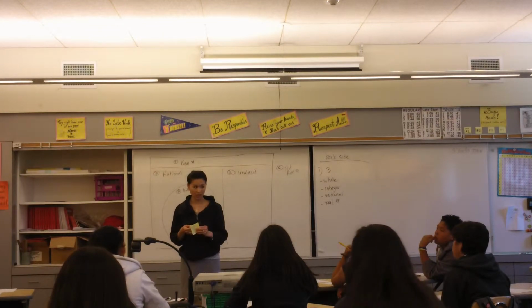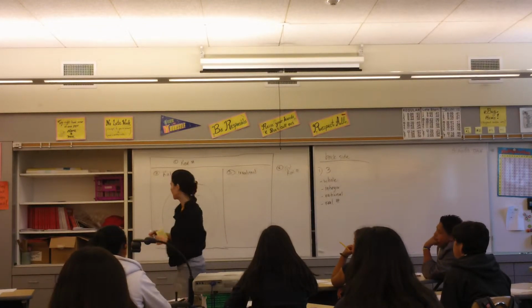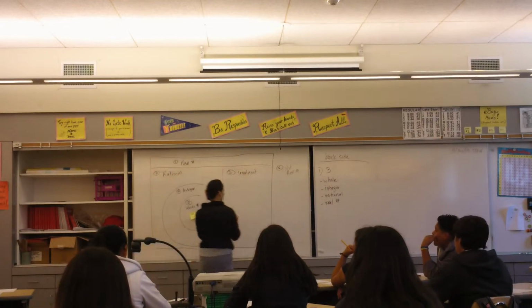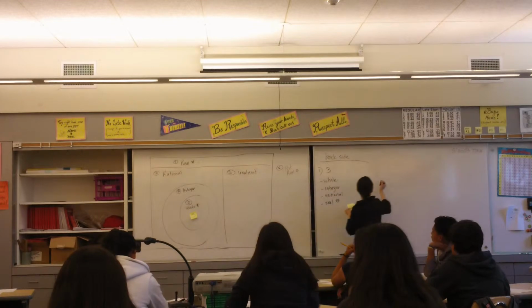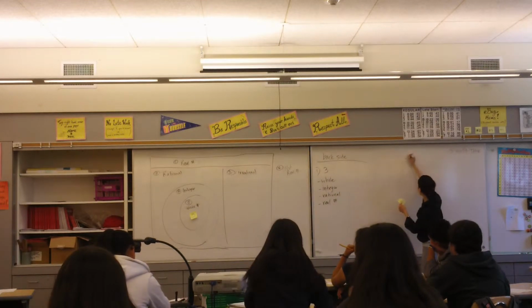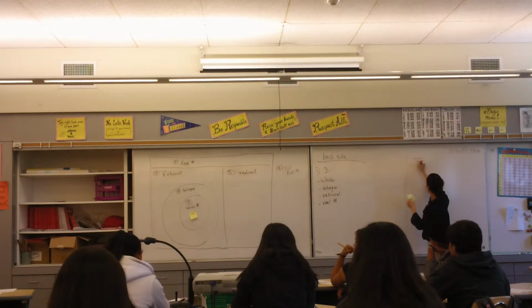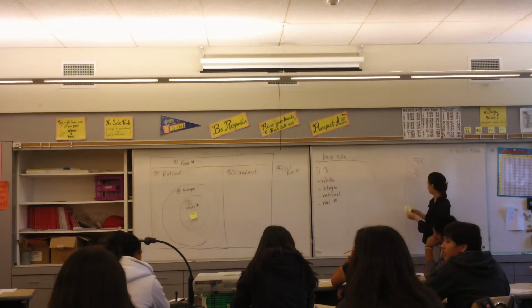Is that clear? Let me write the numbers down really fast. So take a moment and look over your notes right now. These are the numbers. One minute. Write them down.